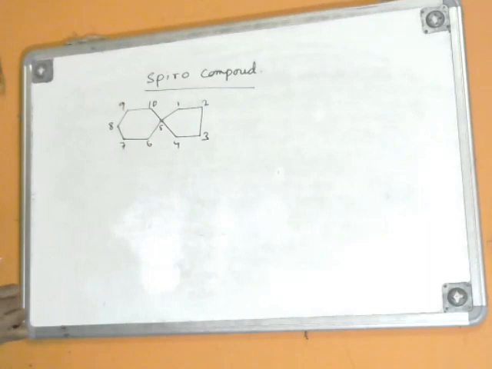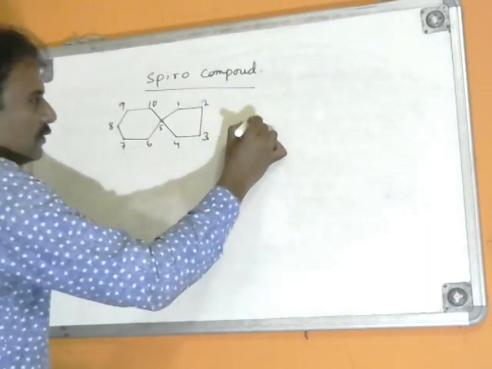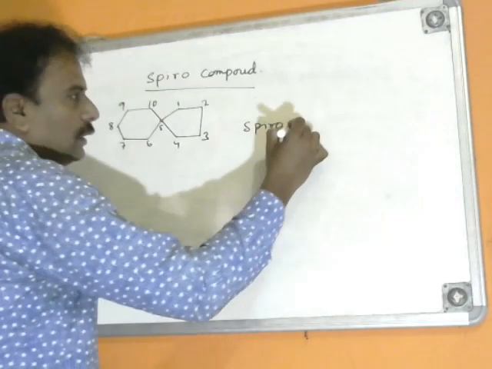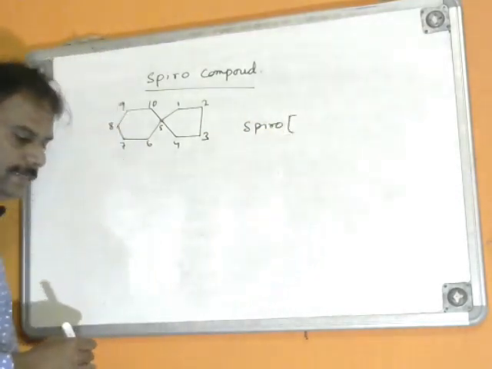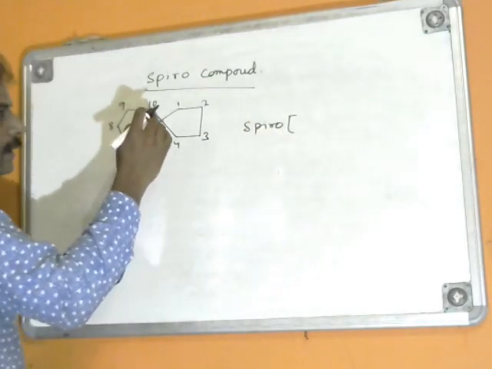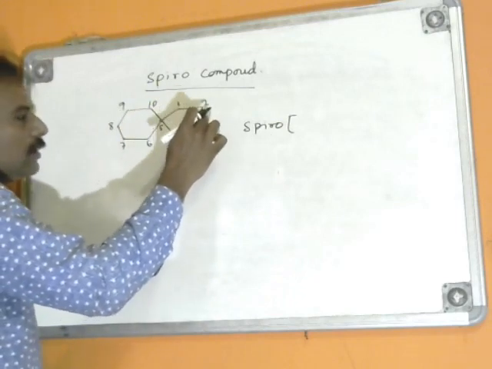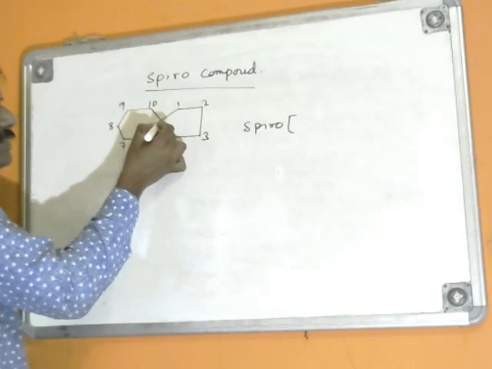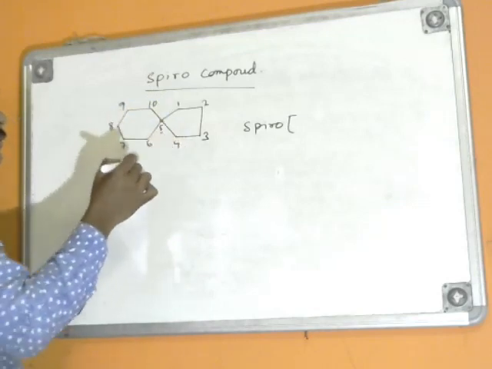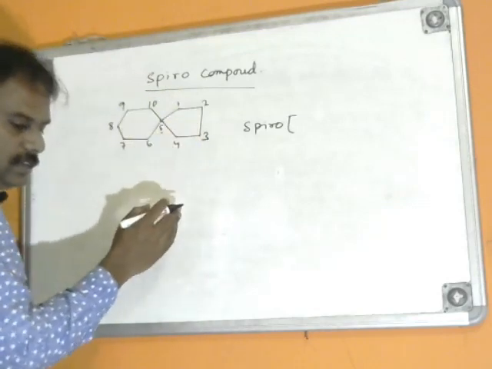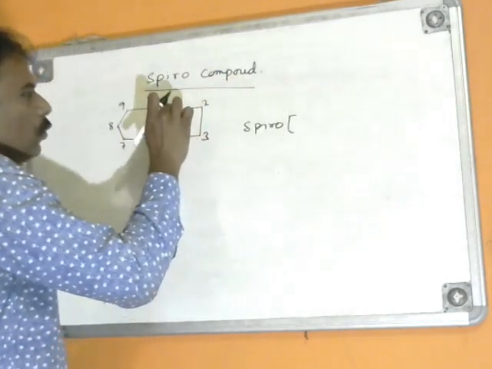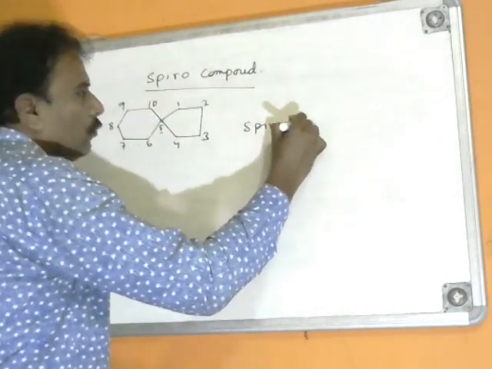Okay. The compound is named as spiro. In bracket, the carbon involved to make this ring, besides this junction carbon. How many carbons? First, the small ring should be considered. So 1, 2, 3, 4. So 4.